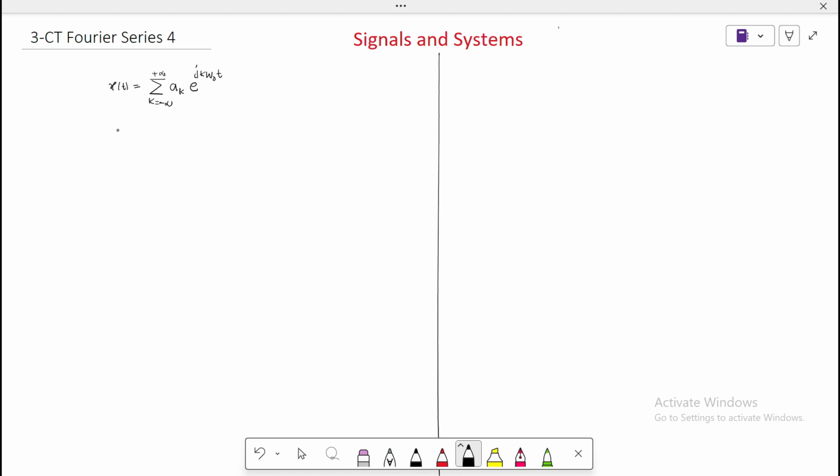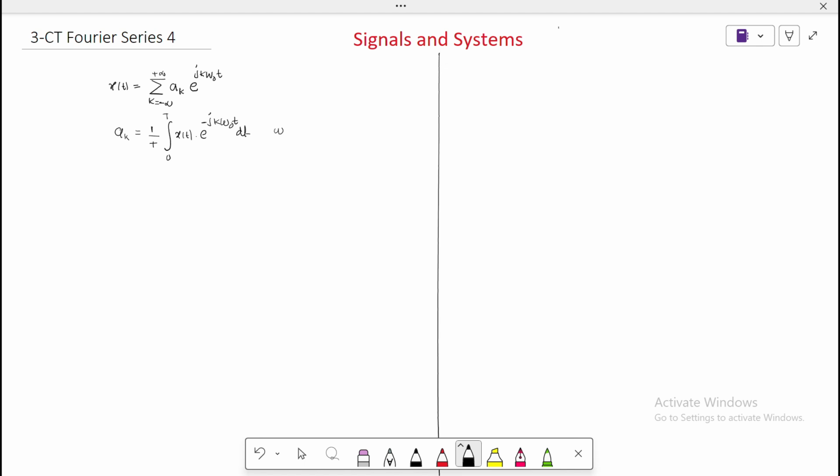The Fourier series coefficient ak equals 1 by T integral 0 to T of x of t into e power minus jk omega naught t dt.